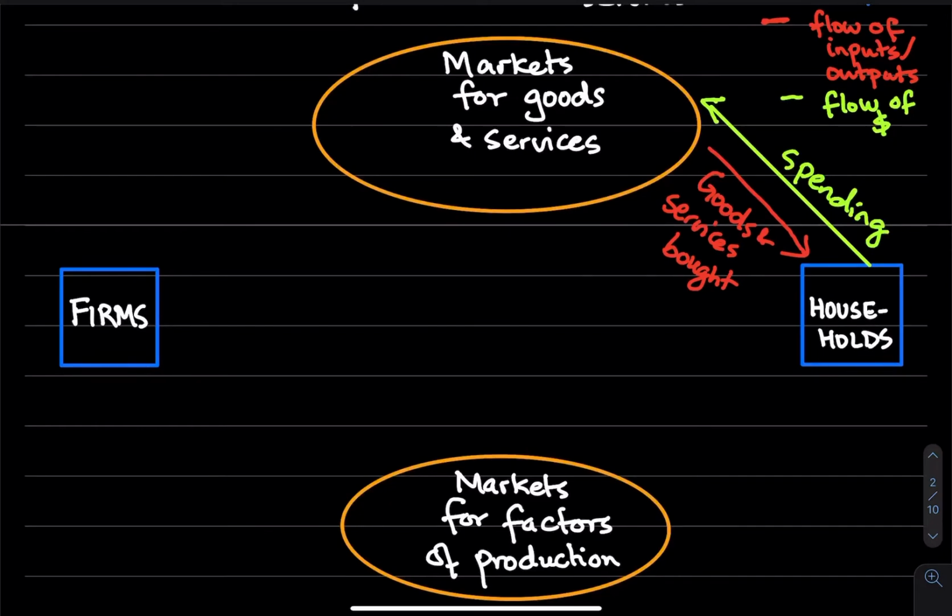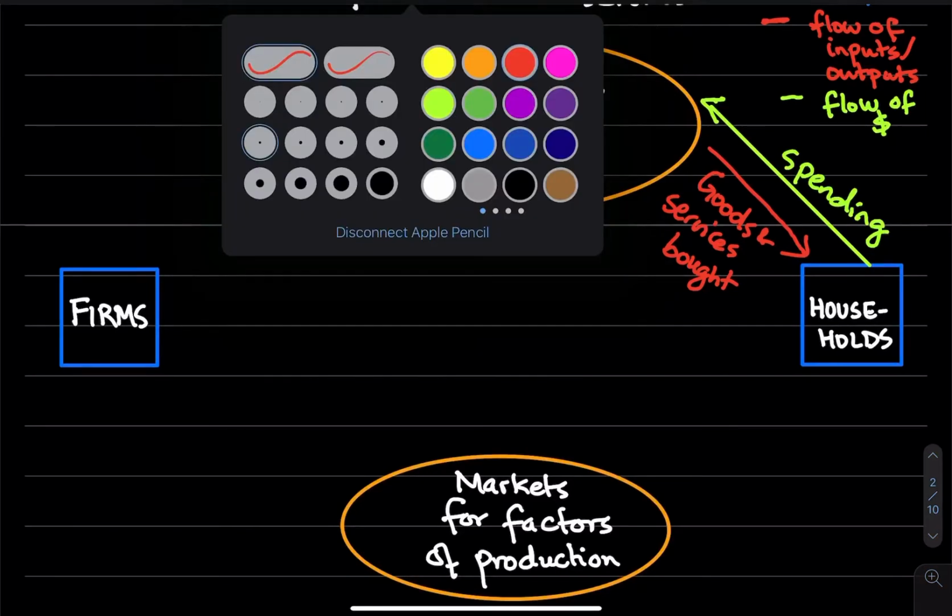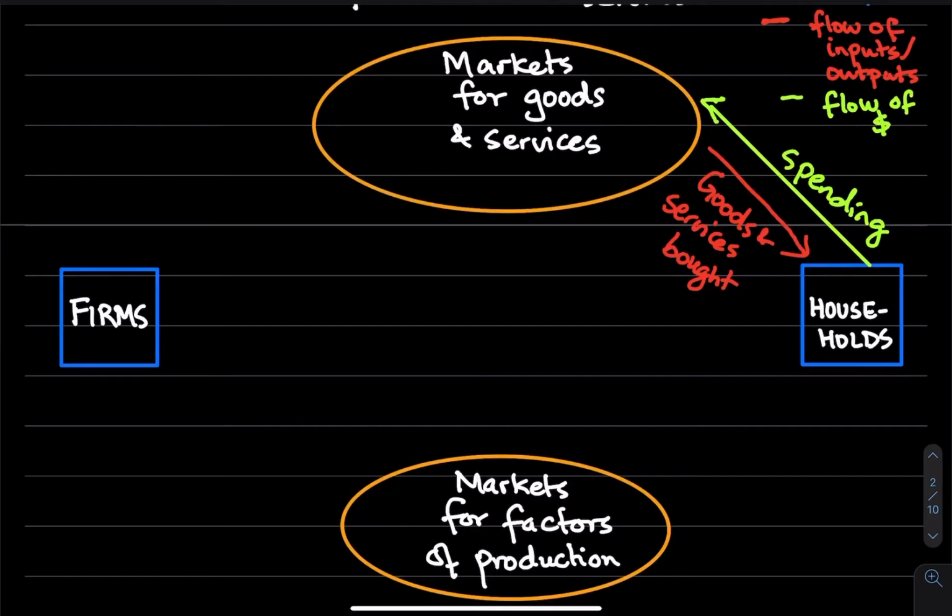Okay, now what does Starbucks do with those few dollars? That is going to act as revenue, right? So revenue for the firm, which is Starbucks, that's revenue. Again, this is in green because this is representing the flow of dollars.